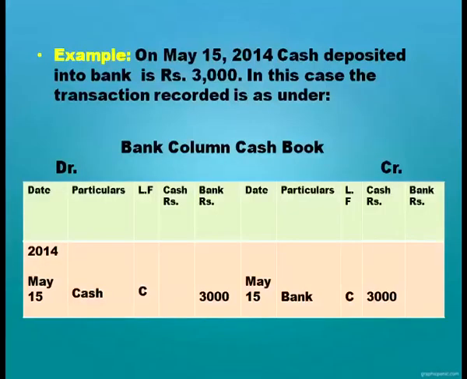Entry will be bank account debit to cash when money is deposited in the bank. So, in the cash account you will post by bank on the credit side. So, this amount column is of which account? Cash amount column. That is why I am posting in the double column cash book by bank and I am writing in the cash column.